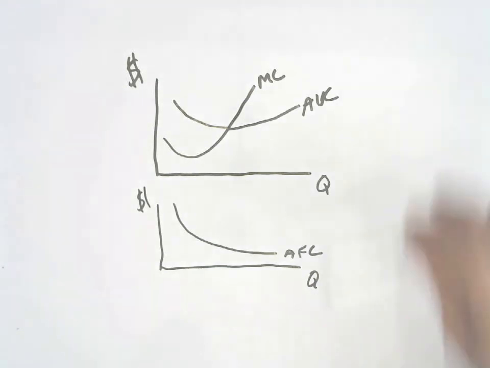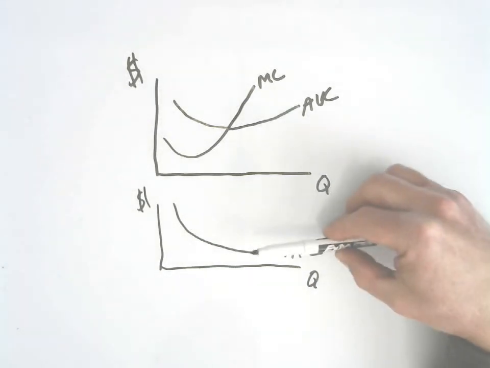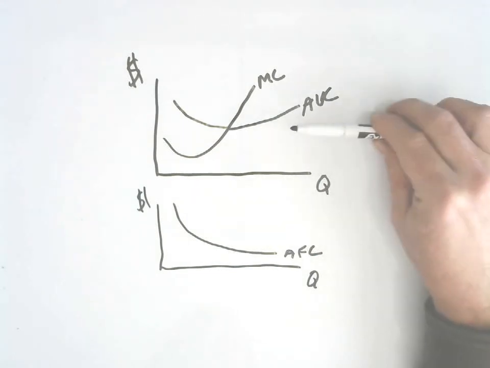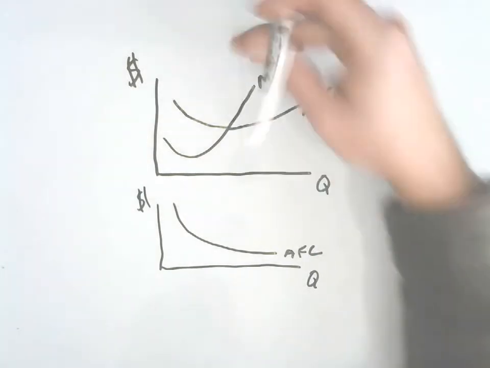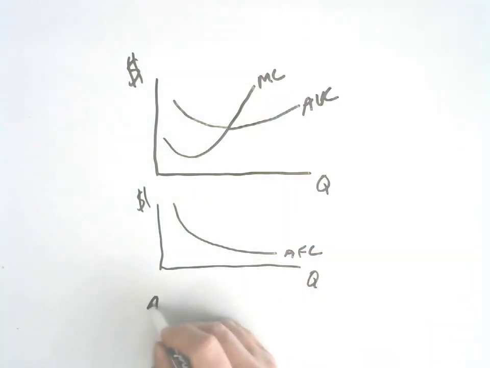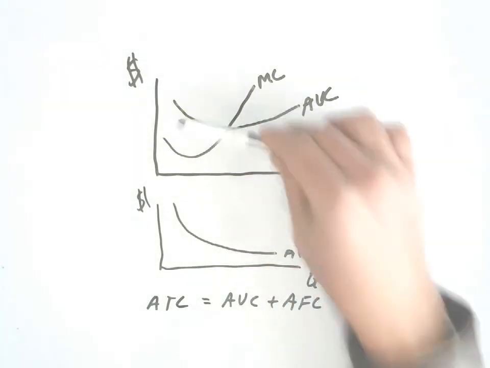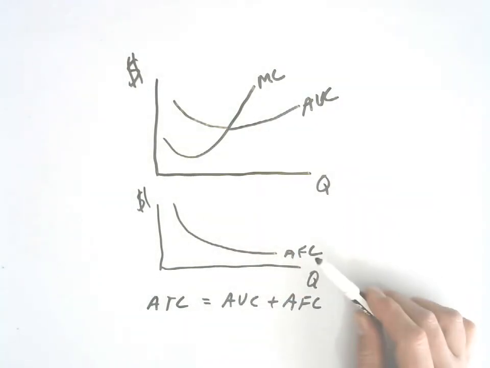Now the question is, what is the best way to embed this graph onto this graph? The reason is that we've got average total cost. That's our ultimate objective. We want to model average total cost, which equals average variable cost plus average fixed cost. If we put this just on top of that graph, it's going to be somewhat confusing.